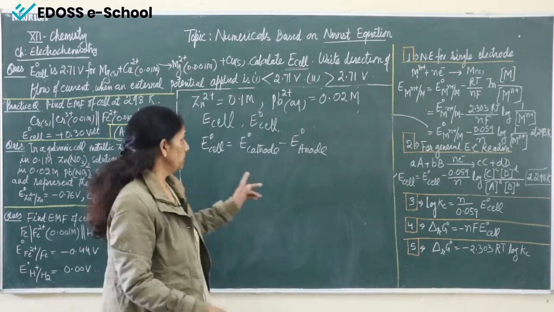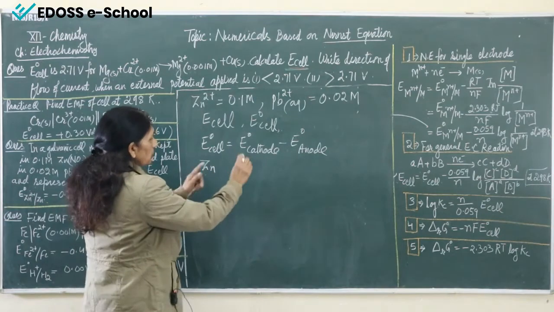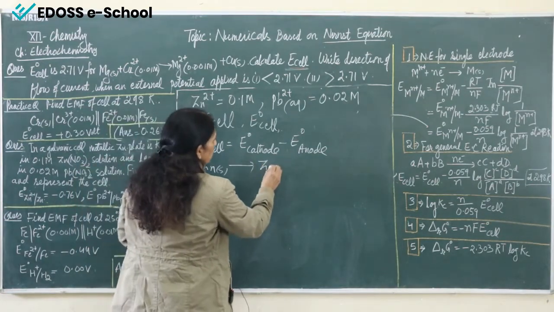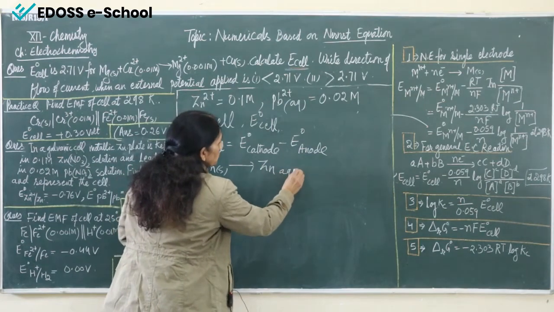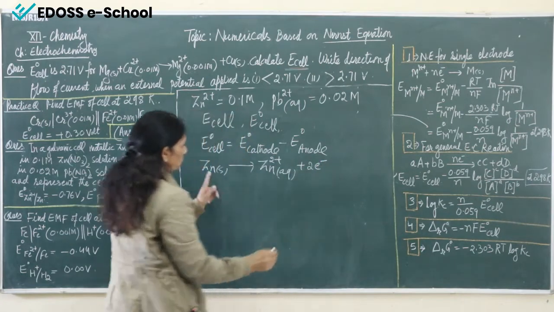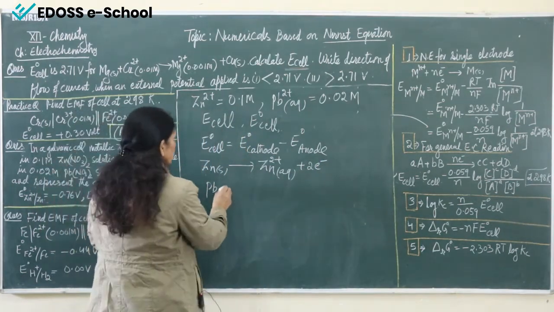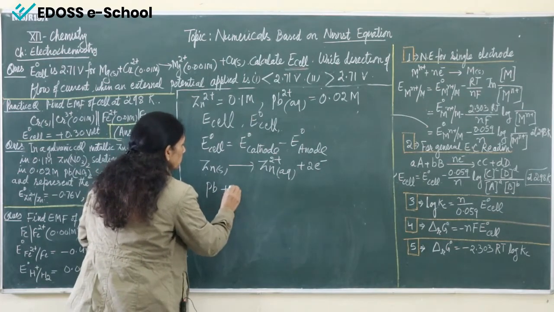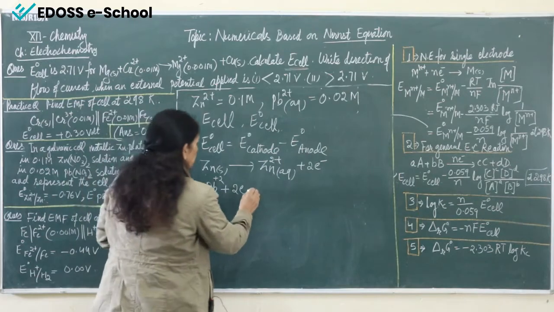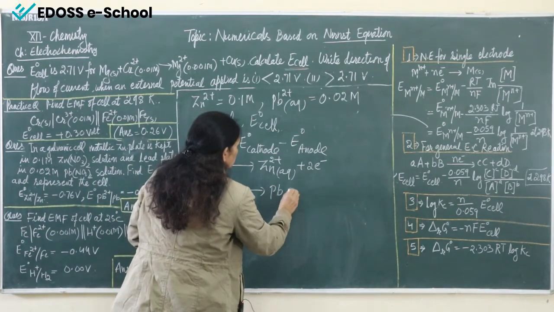Zinc is in solid state and it is converting into Zn2+ aqueous, giving out 2 electrons, and lead is accepting 2 electrons and converting into lead solid.